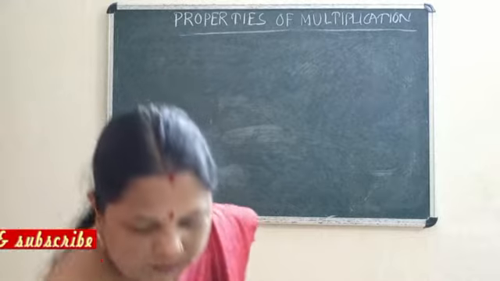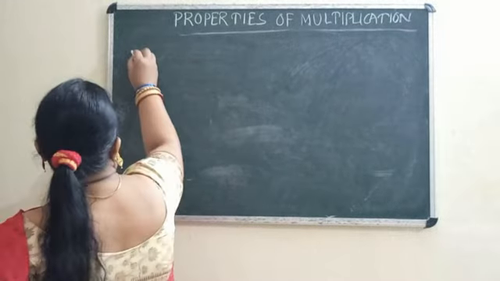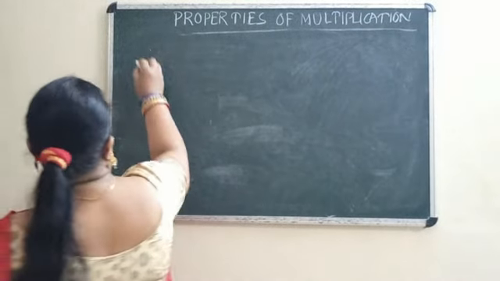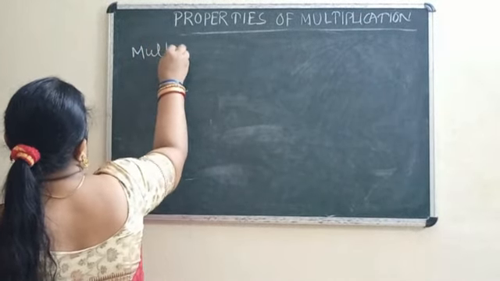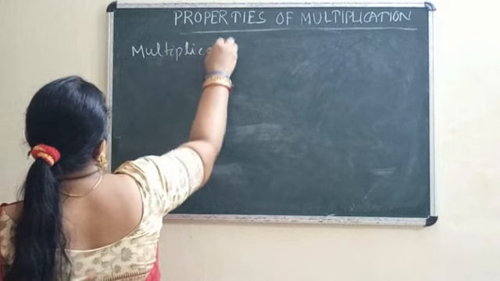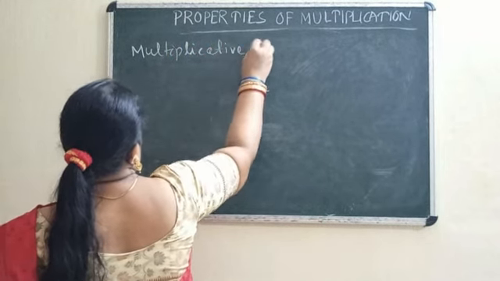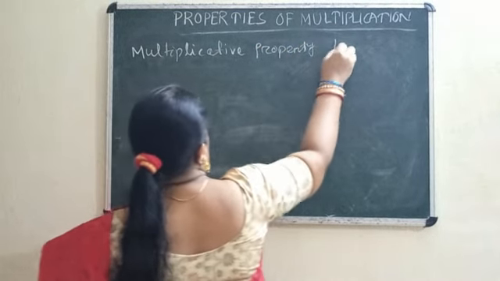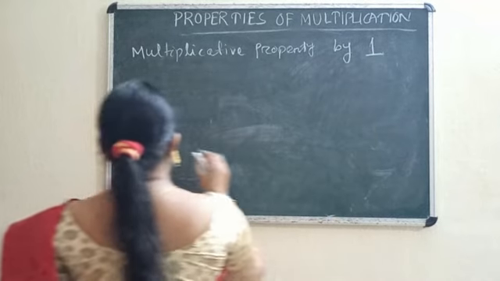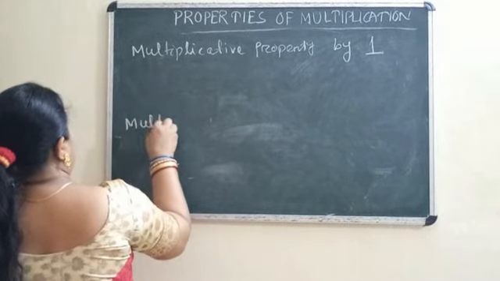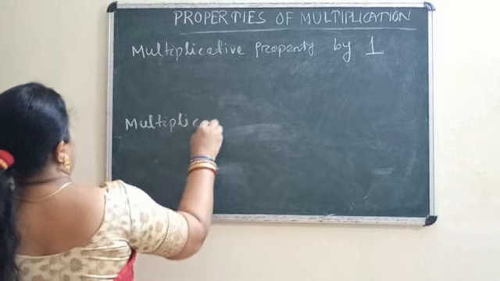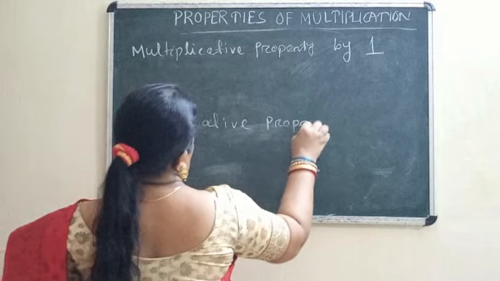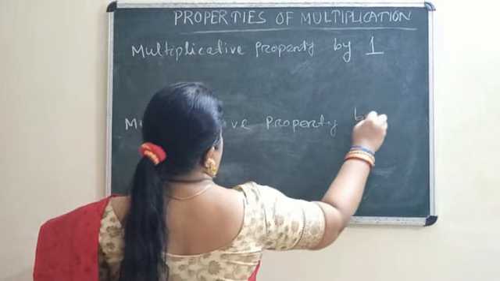Two more properties I am telling you. Multiplicative property by 1, and another one, multiplicative property by 0.